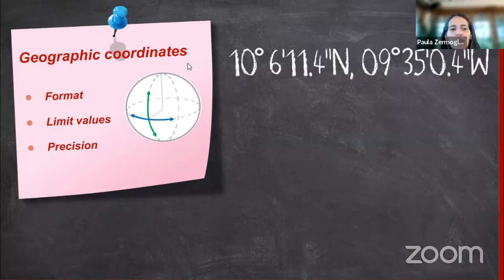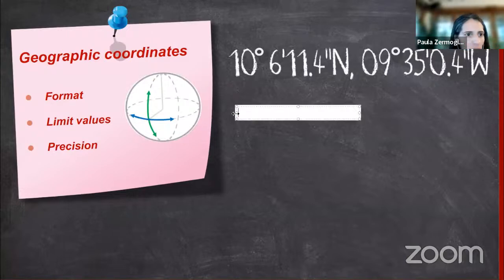How do we calculate the precision of these coordinates? Someone here said 0, 0, 0, 0. Well, let me write it here. I'm gonna write here the option that Benjamin just provided. 1, 2, 1, 2, 3, 1.